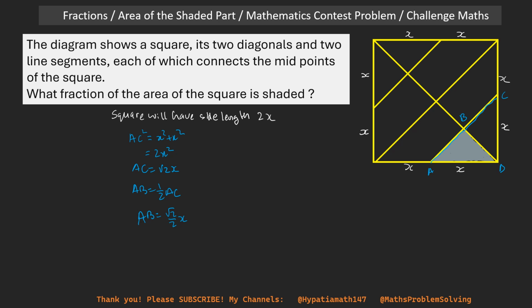And once you know AB, you know the base, you have to find what BD is. BD you don't know yet, but it can be found from the entire diagonal of the square.